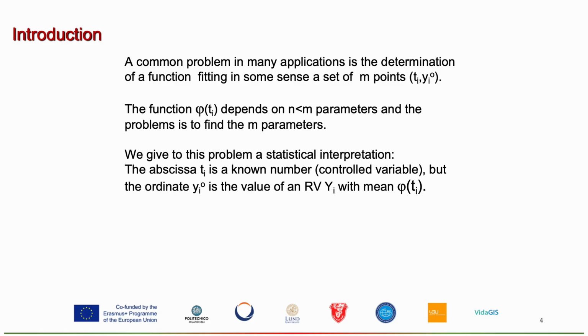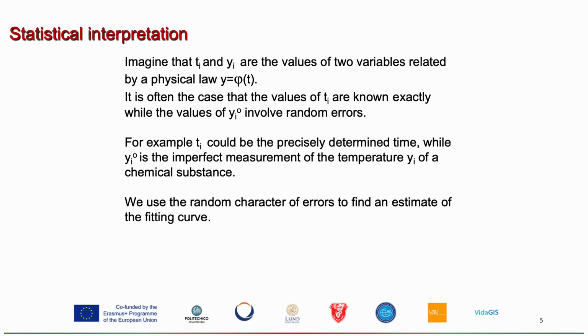In general, we can say that the abscissa values are known numbers or controlled variables, while the ordinate values are the values of a random variable capital W, whose mean is phi given at t. Note that to distinguish the observed random variables from the true values, we will use the symbol W_o. Just for example, imagine that t_i and w_i are the values of two variables that are connected by a physical law, w equal to a certain function of t.